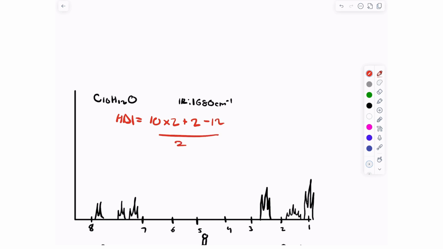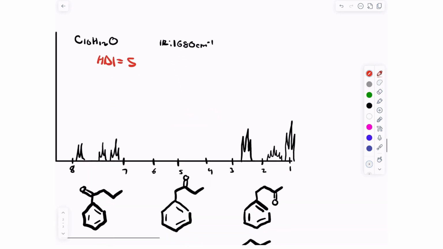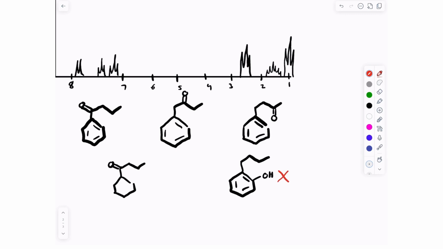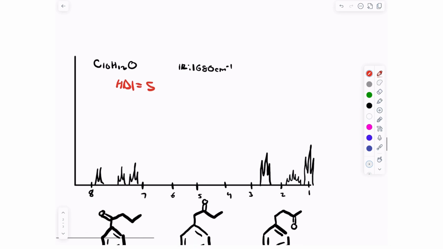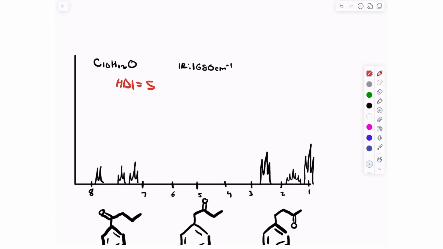So we've got 10 times 2 plus 2 minus 12 divided by 2. So 10 times 2 is 20 plus 2 is 22 minus 12 is 10 divided by 2 equals 5. So we know that the HCI is 5. So already this cannot be it because this only has an HCI of 4. It has to be one of these here.